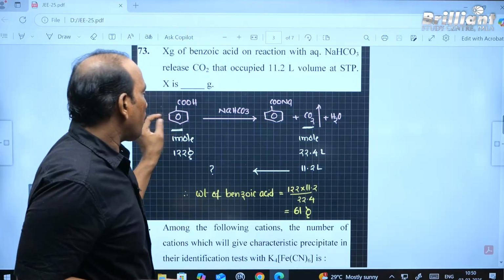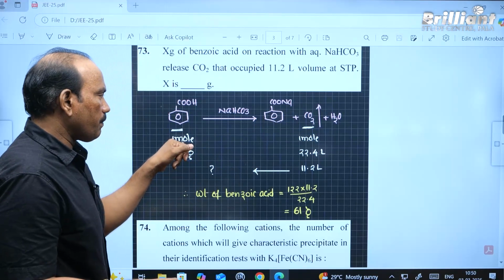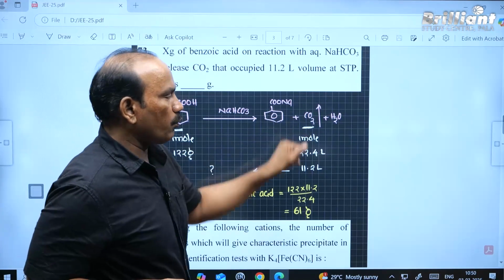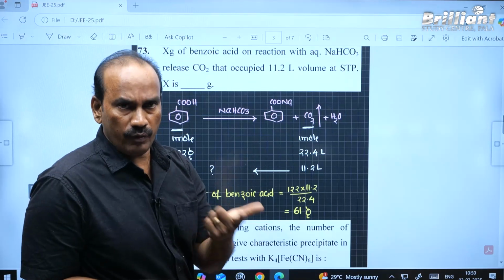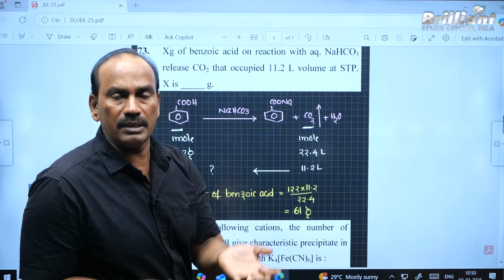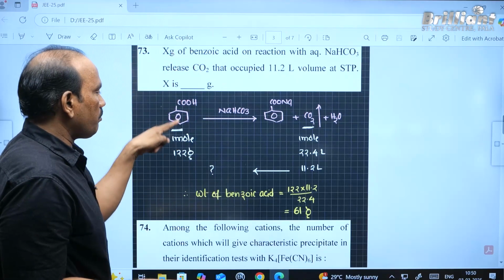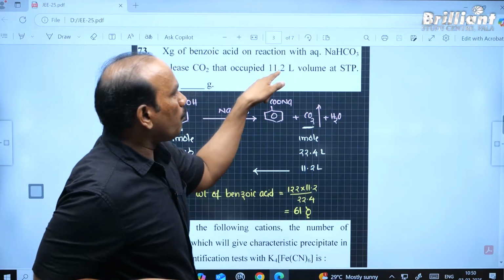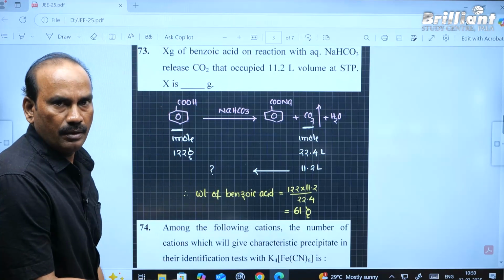Next one. What is the standard moles? Here 1 mole, here 1 mole. 1 mole of benzoic acid and 1 mole of CO2. Whether 1 mole is taken as volume, weight, liters or molecules depends upon the given data. Here this is in grams, that's why I am taking grams. This is given as volume, that's why I am taking 1 mole as 22.4 liters.